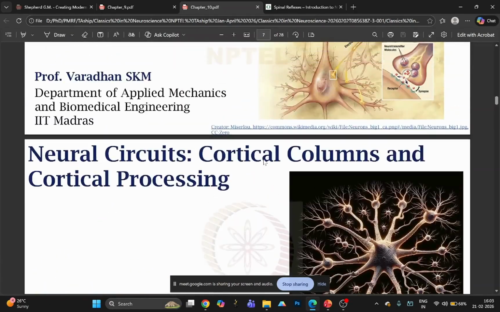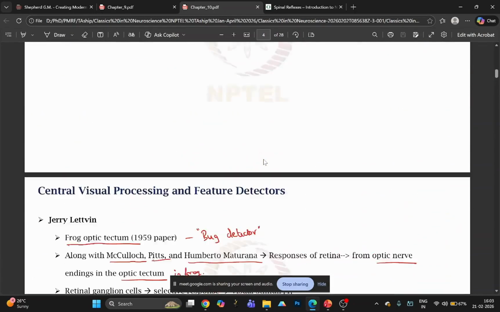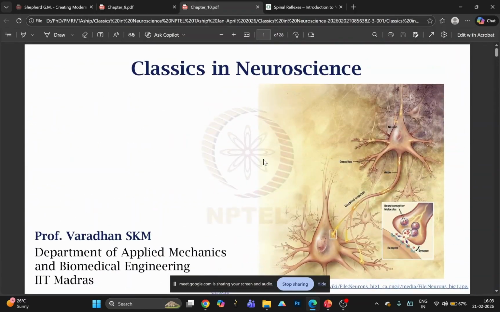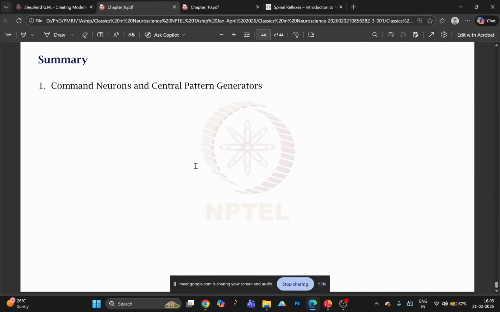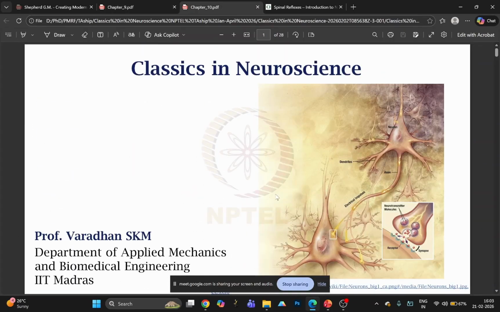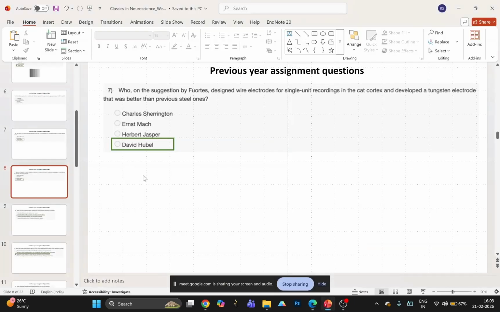And David Hubel was one of the people who started his studies in medicine, and then he developed an interest in understanding neurophysiology.